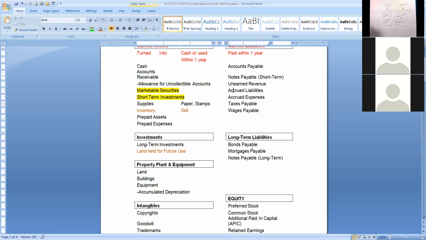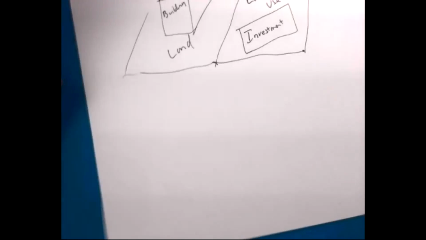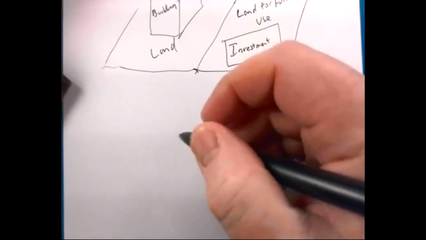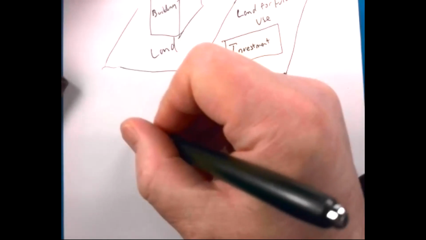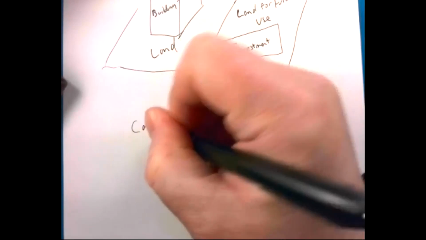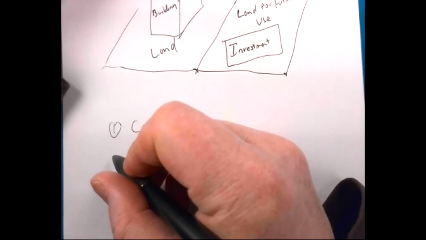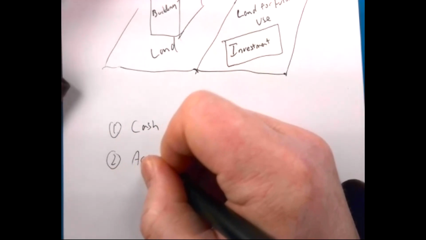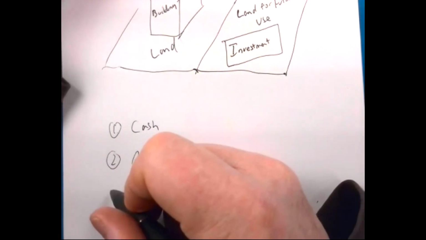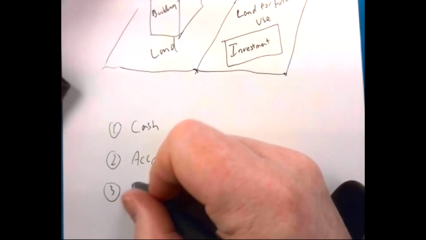Accruals are something kind of different. And the accounting that we're learning is actually called Accrual Accounting. We have different types of transactions. Well, there are actually three. There's cash transactions, which are pretty easy. And we have accruals. And we have deferrals.